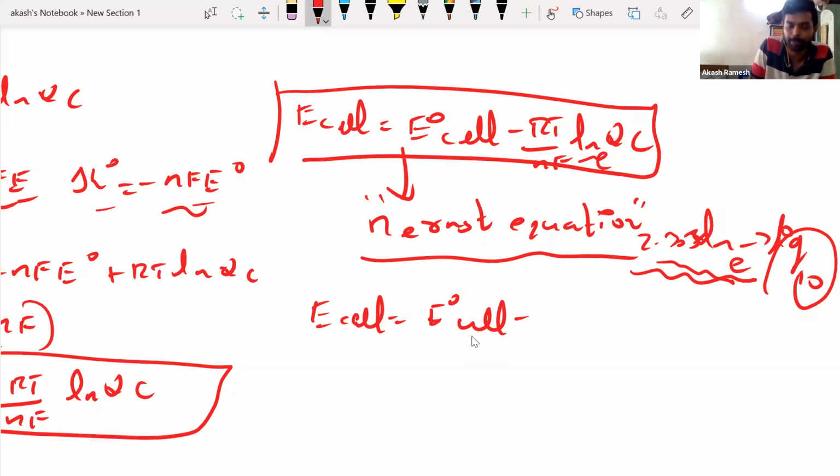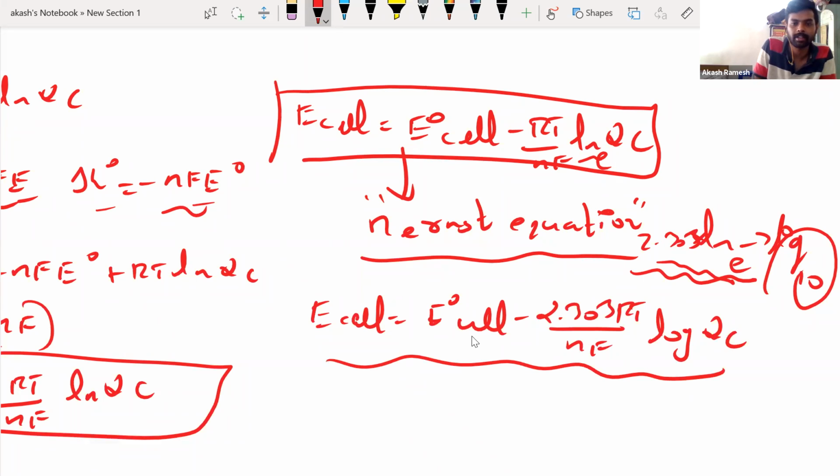So if I write the proper equation, it is going to be 2.303 RT divided by nF log of Q. This is the perfect Nernst equation. Here it is log to the base 10. Hope you all remember, guys, a log value will have an argument and a base.